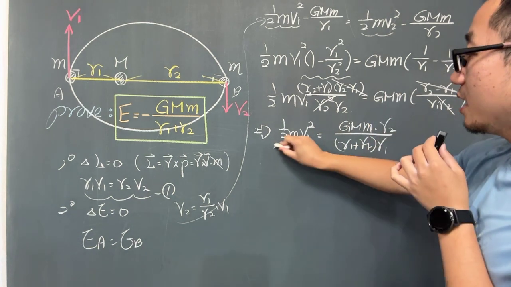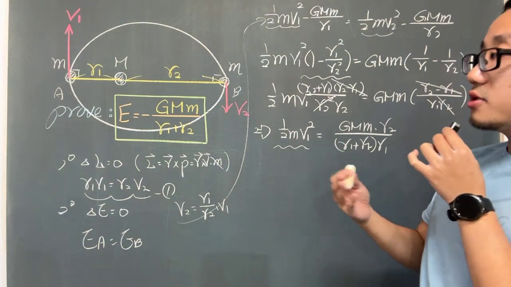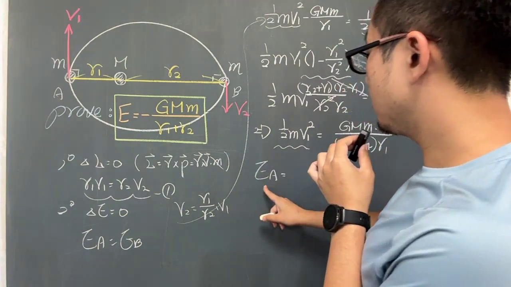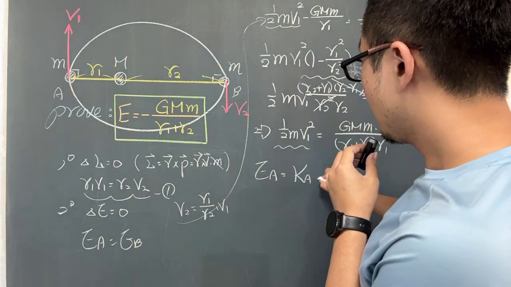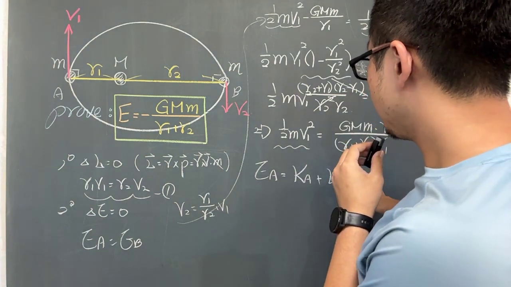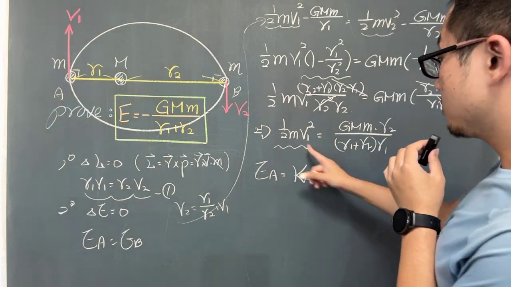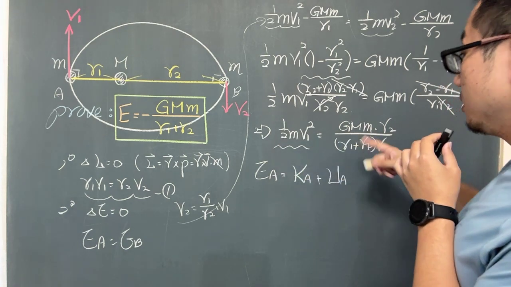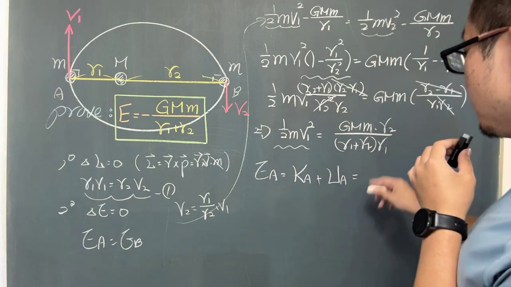So this is the kinetic energy at point A. So the total mechanical energy at point A is equal to the kinetic energy plus the potential energy at point A. And kinetic energy at point A is 1/2 m v1 squared, which now can be written as something related to the distance and the mass. So let's just combine all of this.